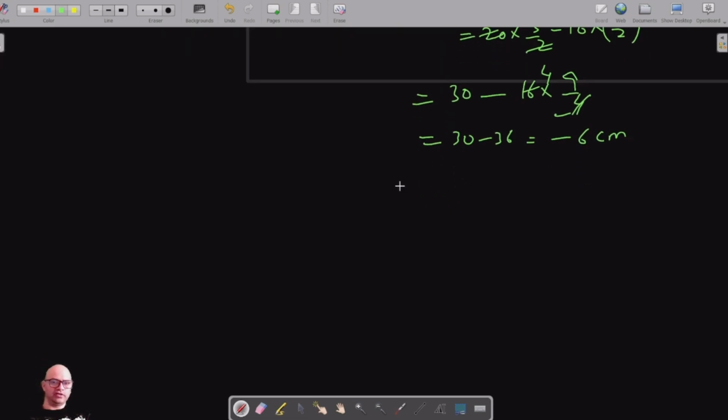The minus means the distance below the water. So it means that after 3 by 2 seconds, the dolphin has reached 6 centimeter below water.